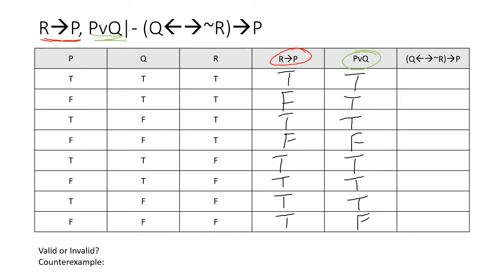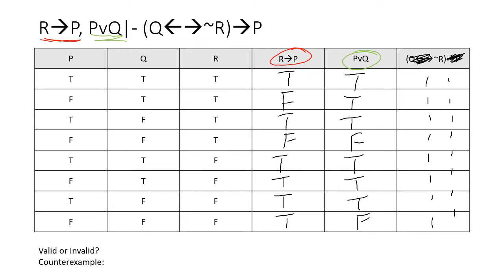And then finally, our conclusion is a little bit more complicated. We got three different operators here. The arrow's outside the parentheses, so we know we're doing that one last. The tilde is just functioning over the R, so we got to do that one first.